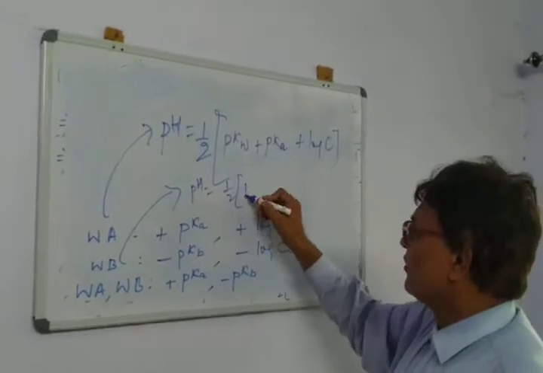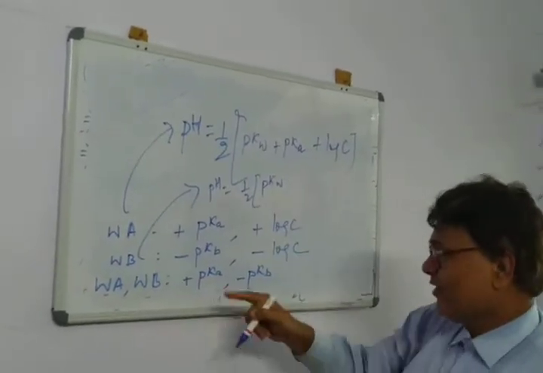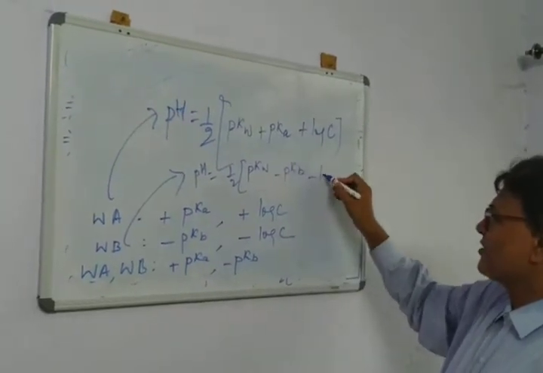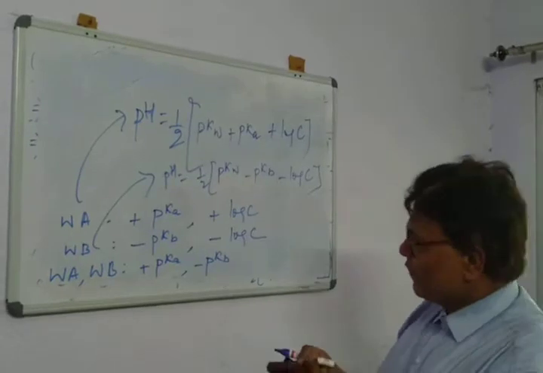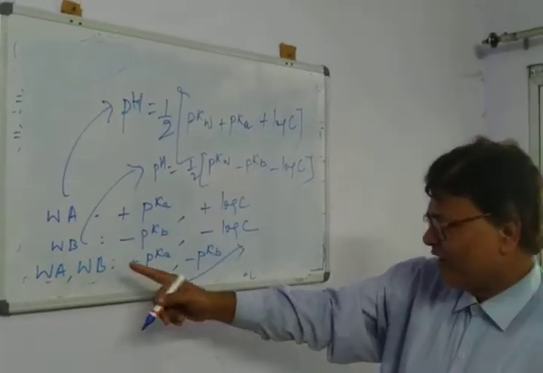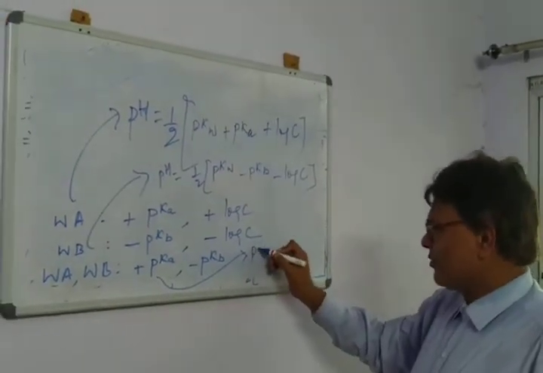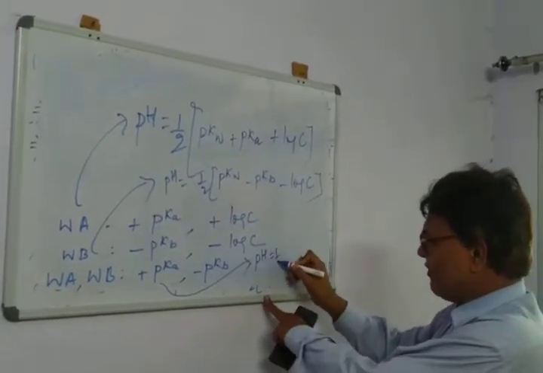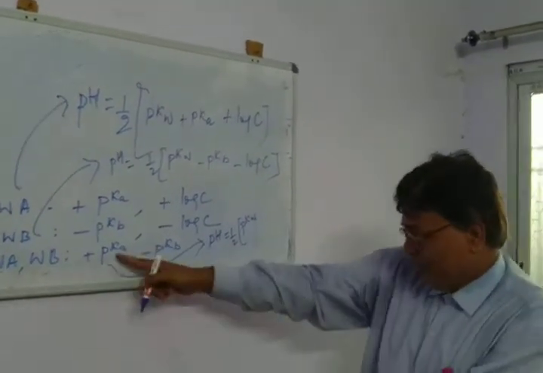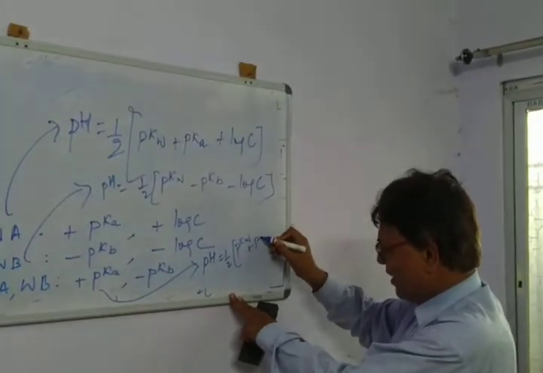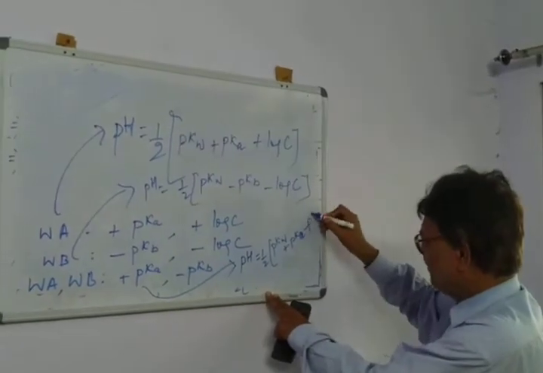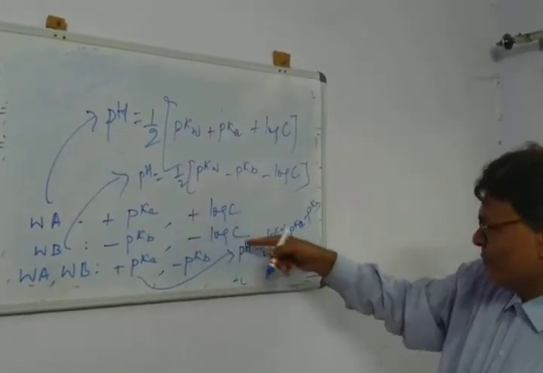For this case, when weak base and strong acid, pH will be equal to half pKw, and for this minus pKb minus log C. Clear? For this case, when both are weak acid and weak base, pH will be equal to half, again pKw, same thing, and pKa will be positive, plus pKa minus pKb, and plus log C and minus log C cancel.